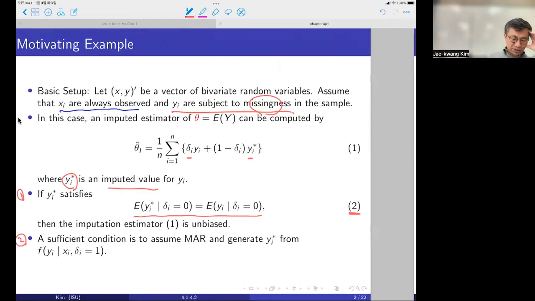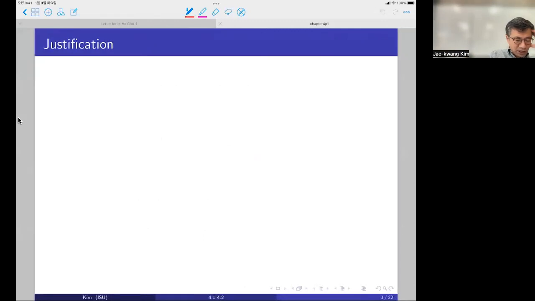First consider the sample mean of Yi, and then the difference between the imputation estimator and the sample mean estimator.